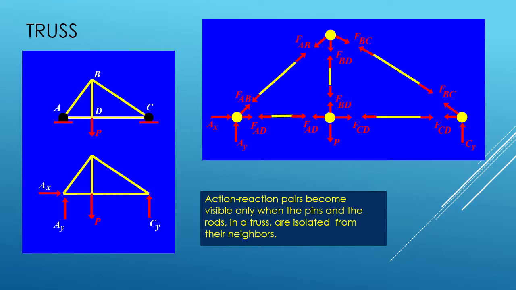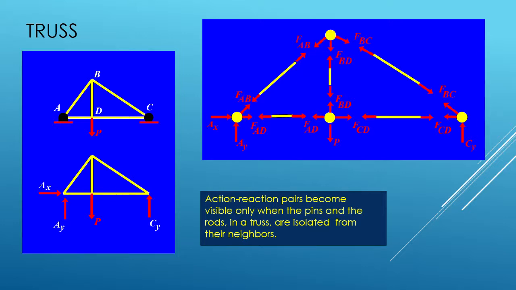So this AX and AY, they remain. The action-reaction force between this pin and member AB is this FAB action-reaction pair. The action-reaction pair between this rod and that pin is again FAB.